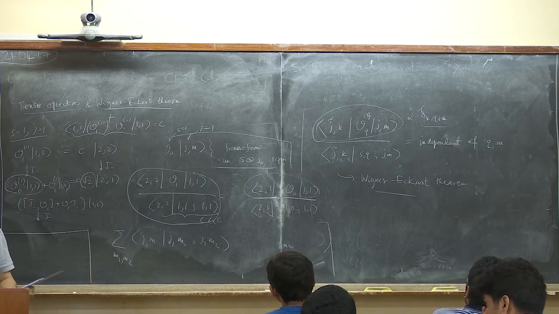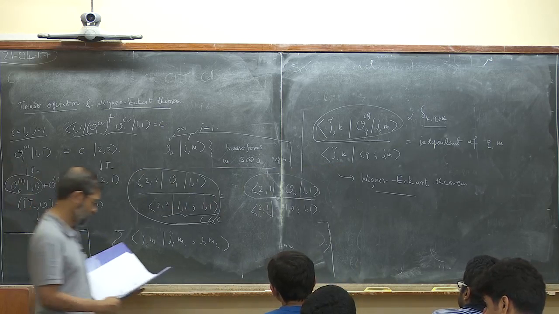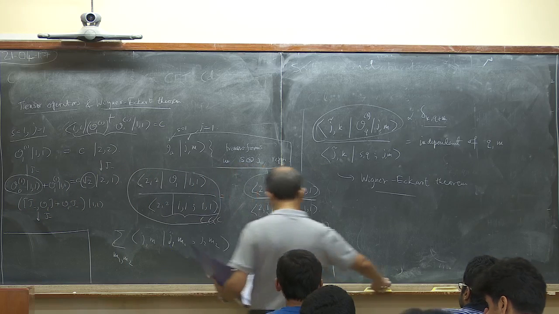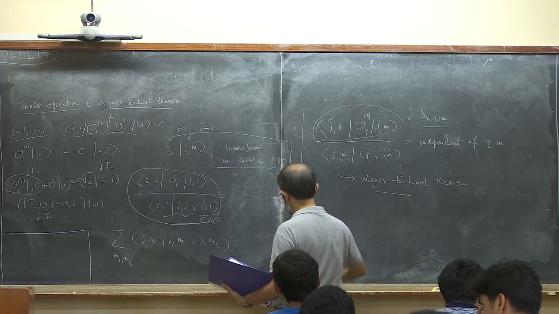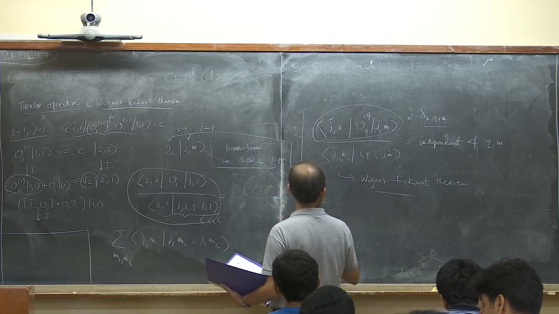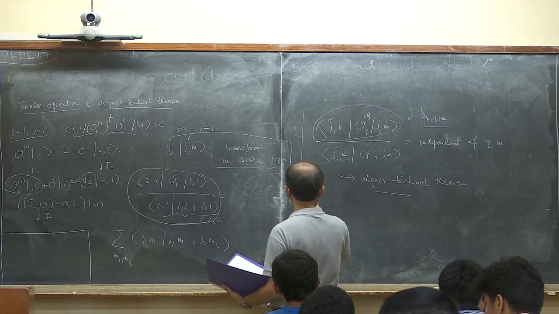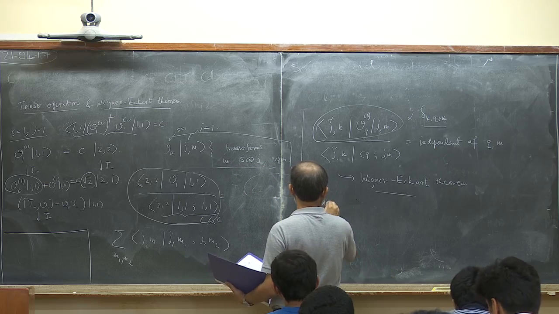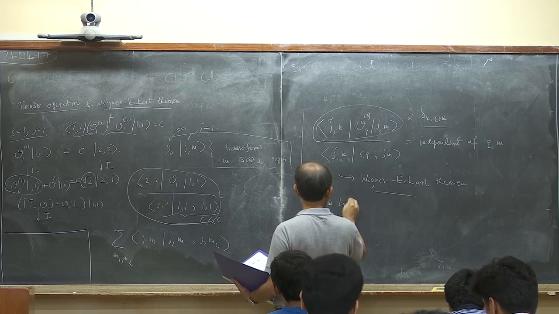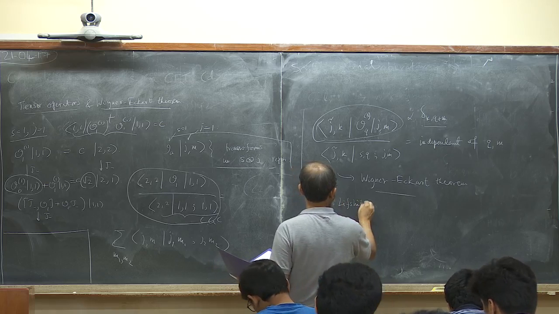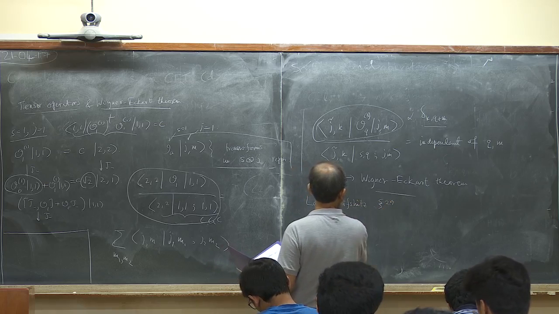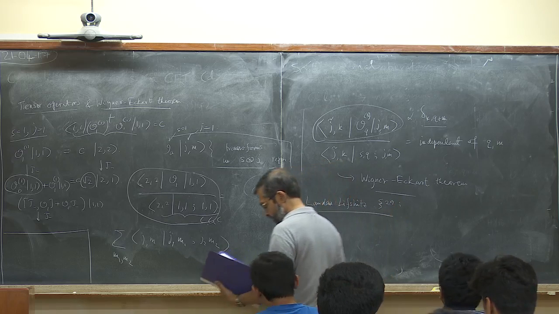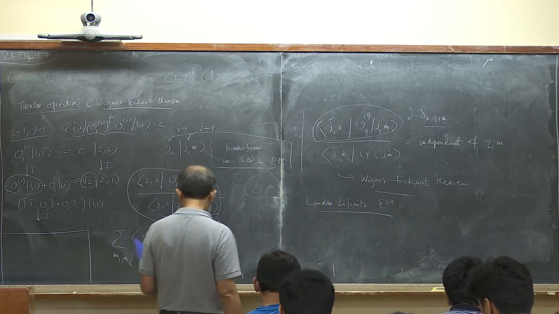So let me give you that notation here. Let me just say that you should look for a particular section of Landau-Lifshitz, section 29, where you have formulas for such things.